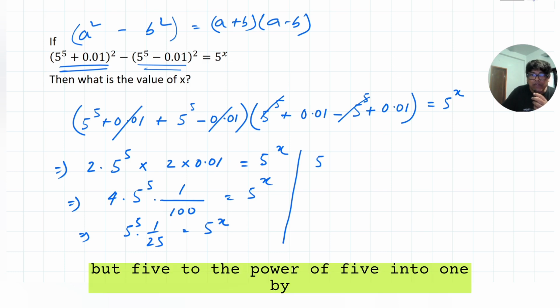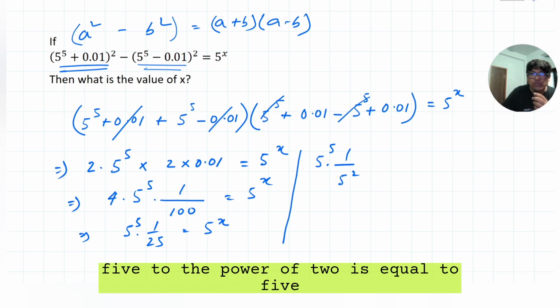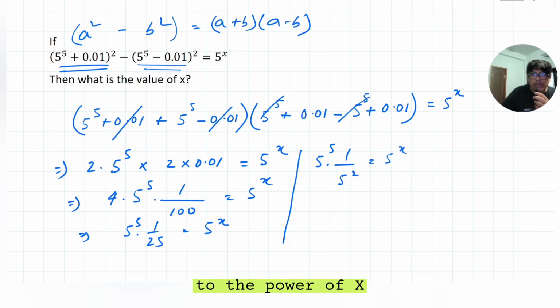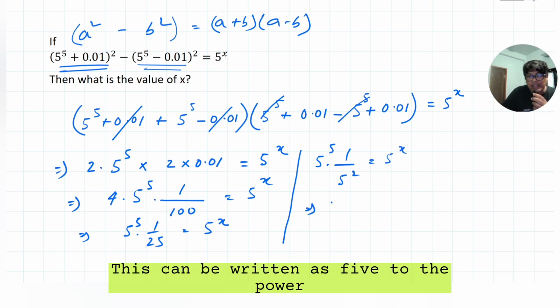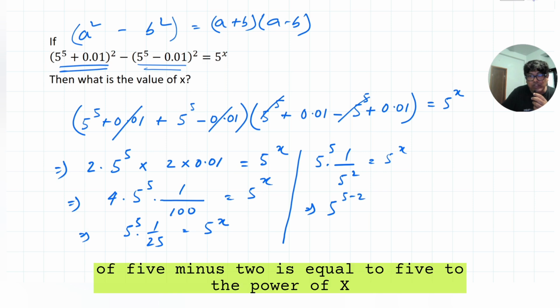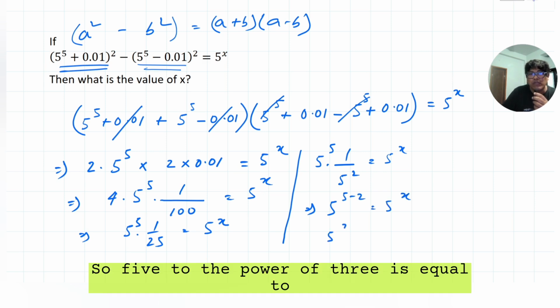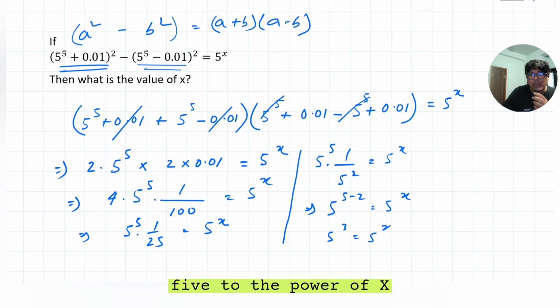This is nothing but 5 to the power of 5 into 1 by 5 to the power of 2 is equal to 5 to the power of x. This can be written as 5 to the power of 5 minus 2 is equal to 5 to the power of x. So 5 to the power of 3 is equal to 5 to the power of x. Therefore, x is equal to 3.